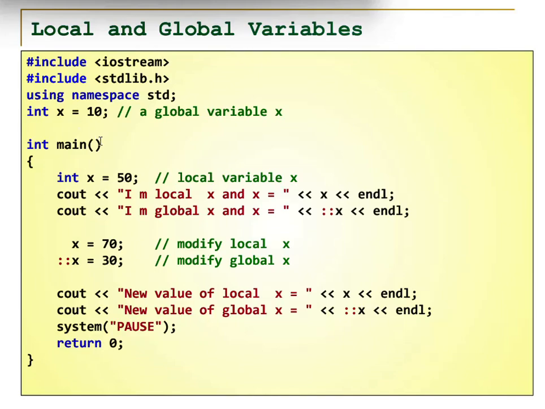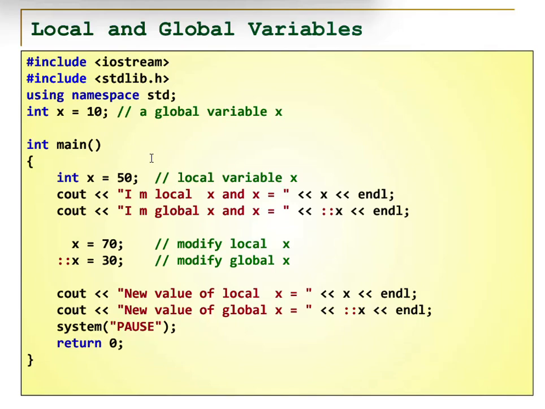Then comes the local variable, that is int x equal to 50. It is declared inside a function, in this case inside the main function, and it is only accessible within its scope, that is between these curly brackets, and its lifetime is that it exists only while its function is executing.